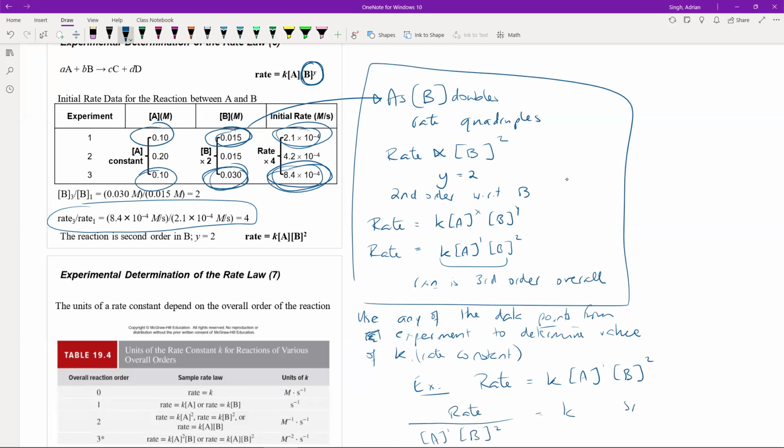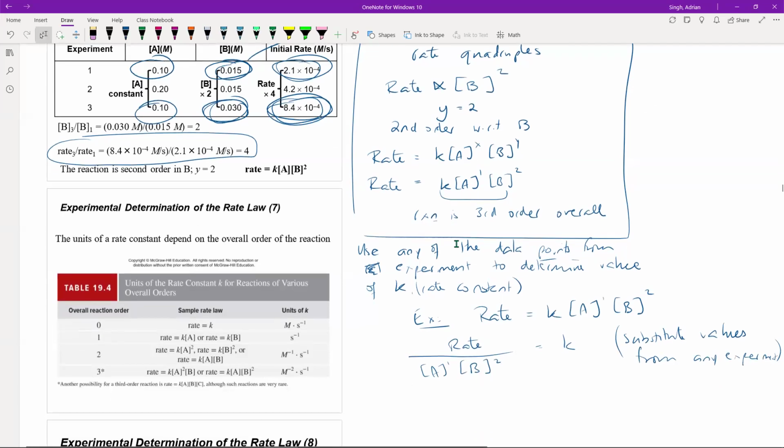What I can do now is substitute those values from any of the three experiments in order to solve for k. So for example, I can substitute the values from experiment 1. Then my k would be equal to the rate from experiment 1, which is 2.1 times 10 to the -4.